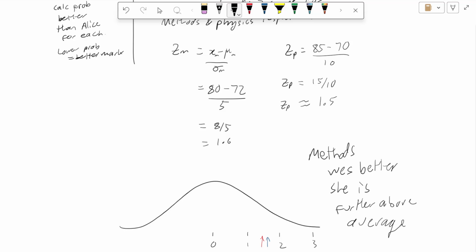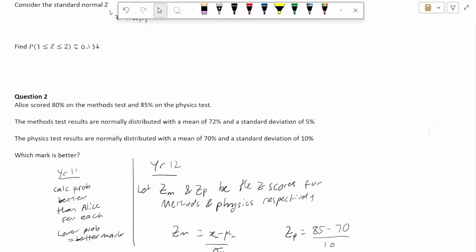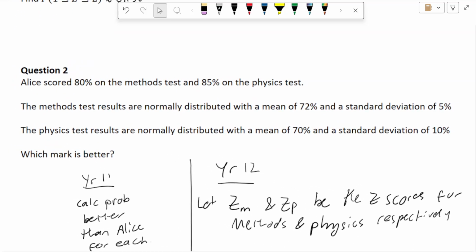I really want to point out that this gets into some subtleties that aren't captured just by your intuition. Immediately you would think maybe physics was better because she got a higher mark. Then if you think more critically, she got 80 versus 72, so 8% above the mean for methods, and the mean for physics was lower.